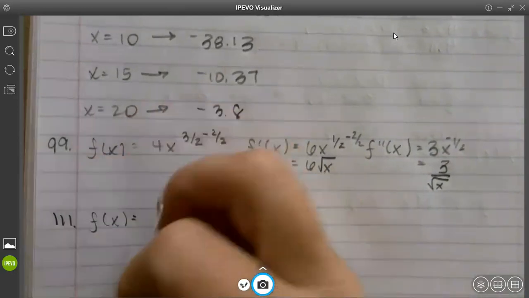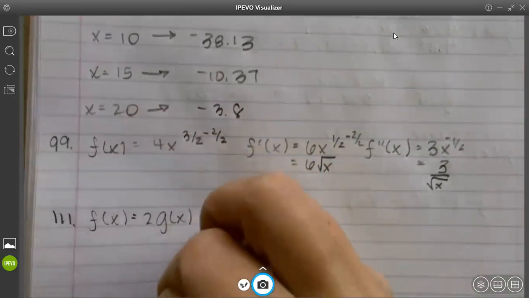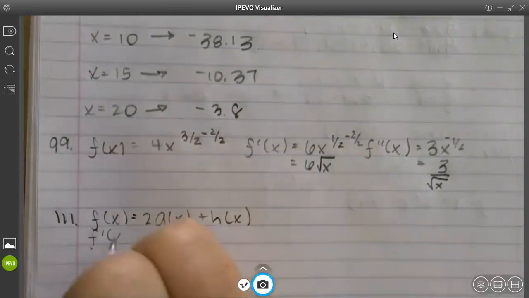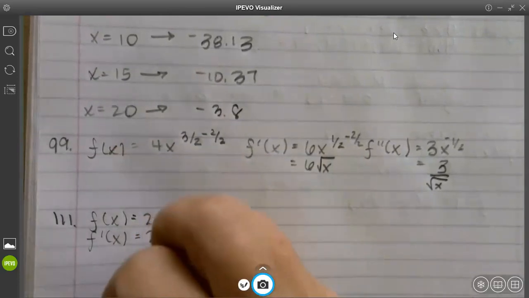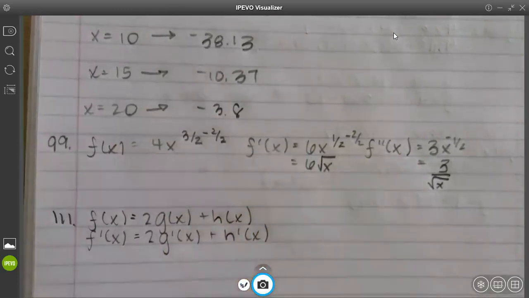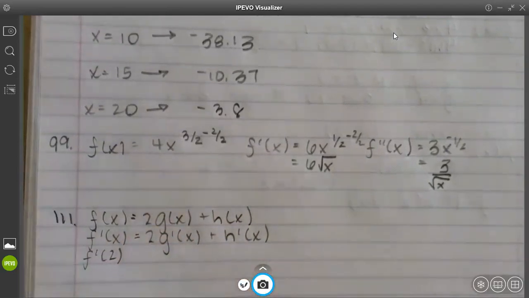said f of x equals 2 g of x plus h of x. So they gave you what g prime and h prime were, right? Everybody remember that? Okay. So we're going to go ahead and find the derivative. So that would be 2 derivative of g of x plus the derivative of h of x. And it wanted you to find f prime of 2 based on that.